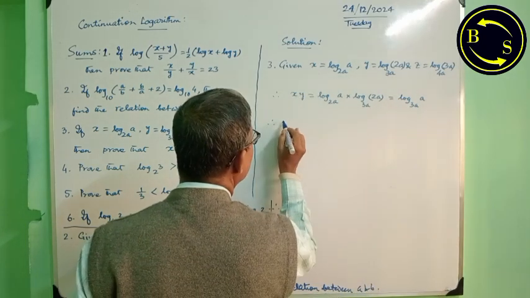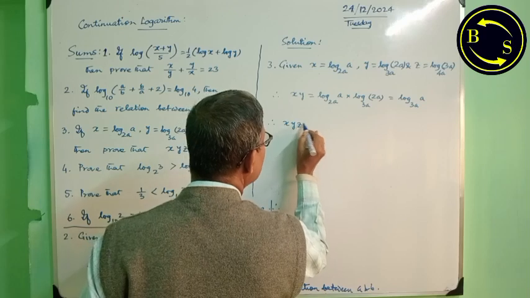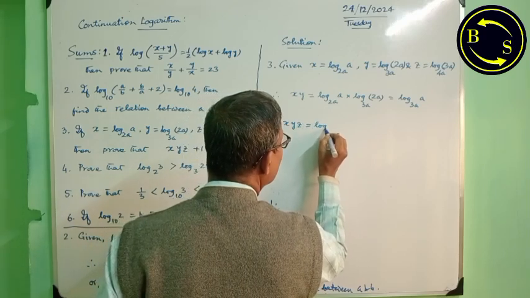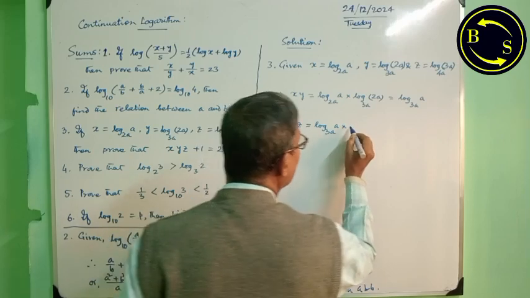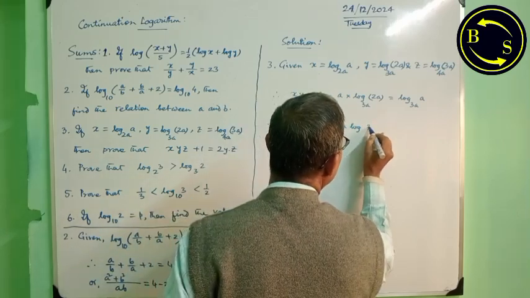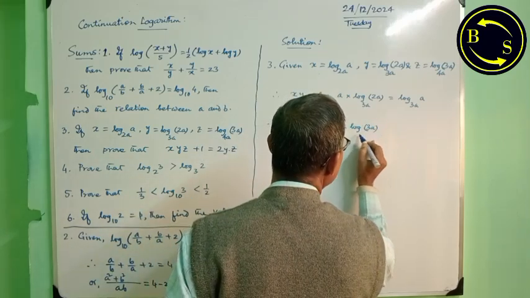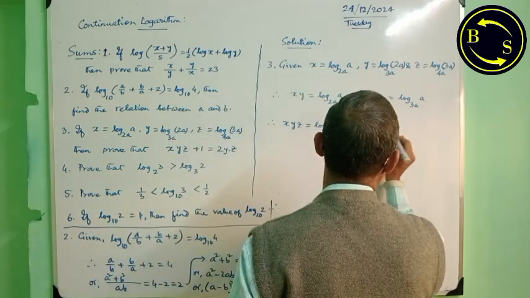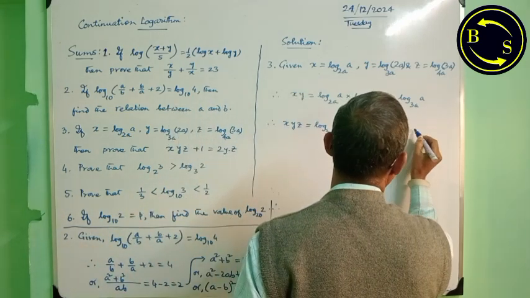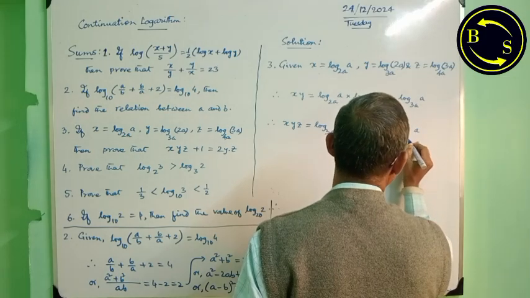Therefore, xyz will be log of a to the base 3a into log of 3a to the base 4a. Again base changing formula. Therefore, it will be log of a to the base 4a.